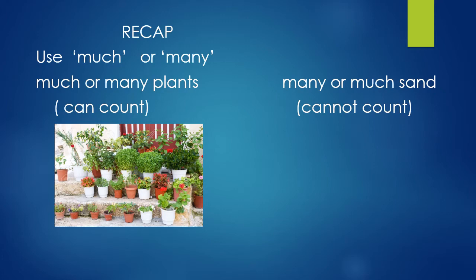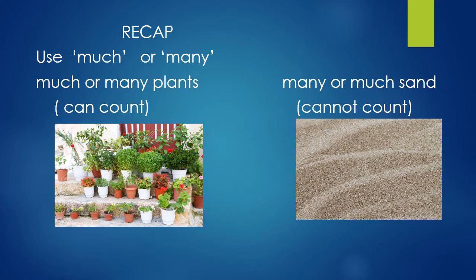So, we will say there are many plants. Whereas there is much sand. We cannot count sand. So, much will come with sand. That is uncountable noun. Okay, hope it's clear now.